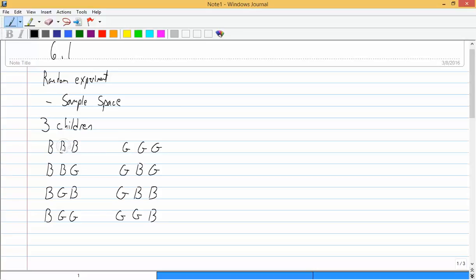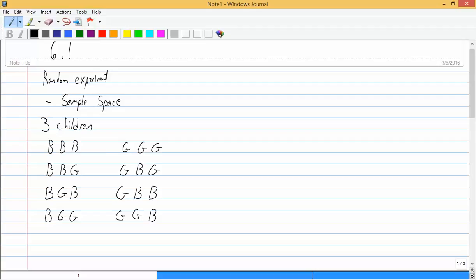So we have 8 different possibilities. 3 of those possibilities have 2 girls. I know this one has 3, but let's just assume that we want to know exactly 2 girls. So 1, 2, 3, and there's 8 total outcomes.